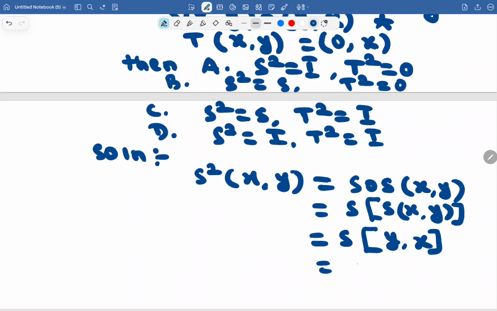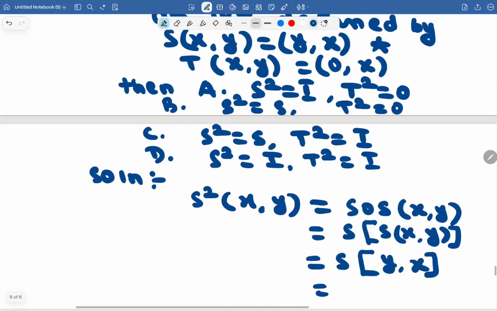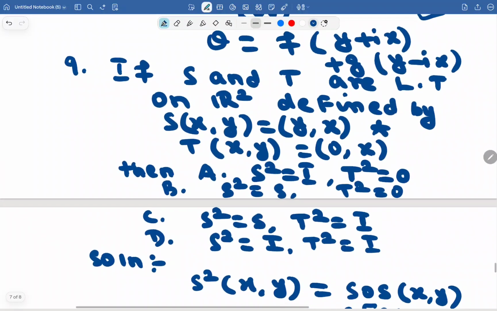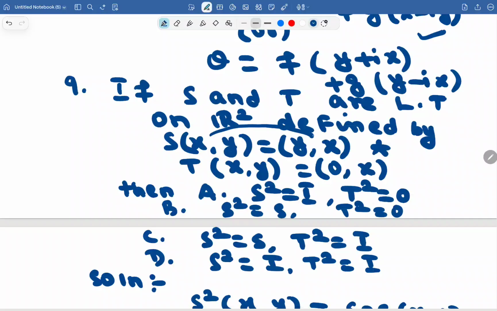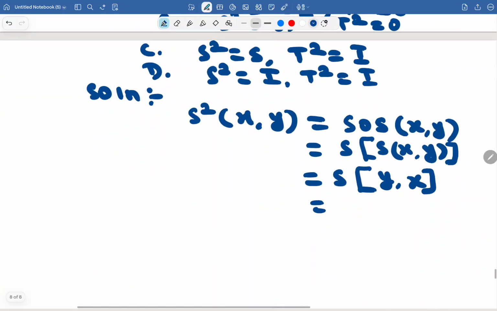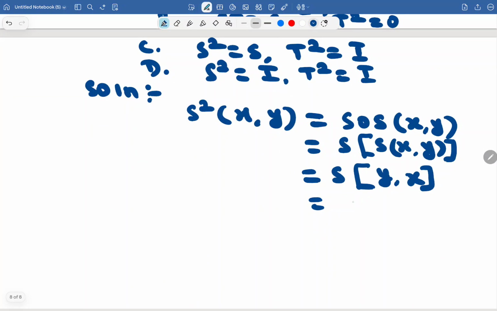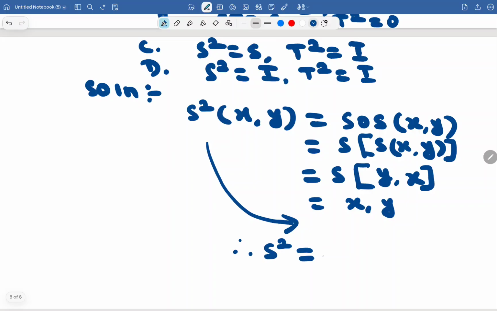Therefore S of y comma x: under S, x comma y gives y comma x, so for S of y comma x we will get x comma y. Therefore S square of x comma y is x comma y. This is only possible for the identity transformation. Therefore S square is equal to I.